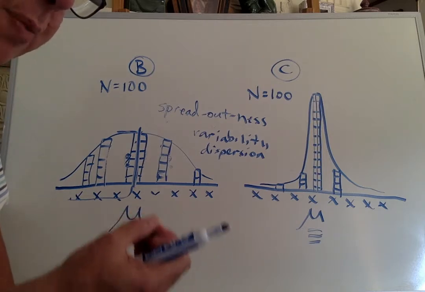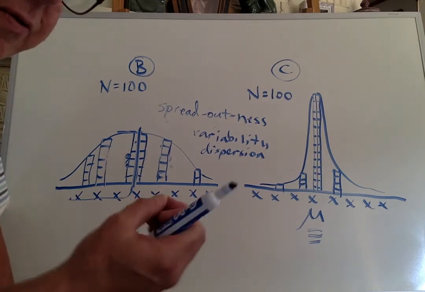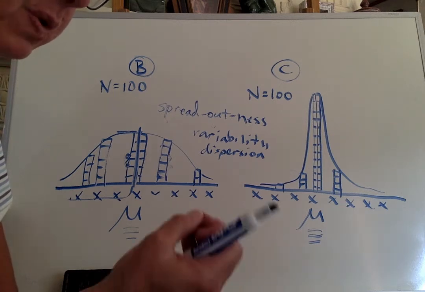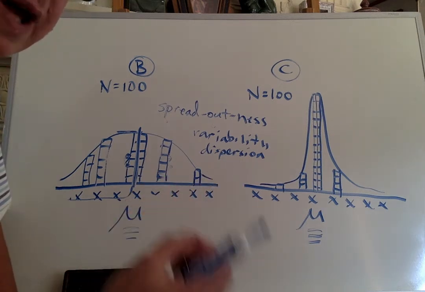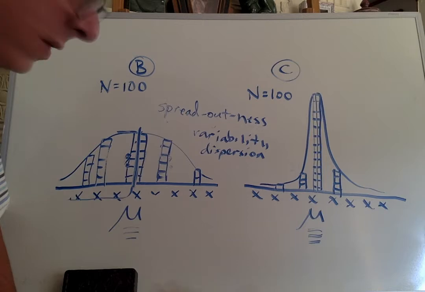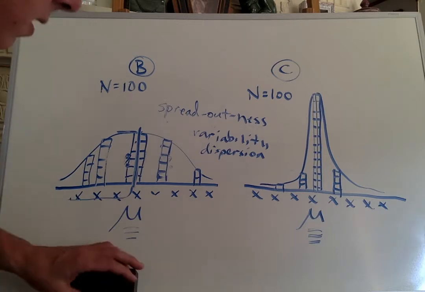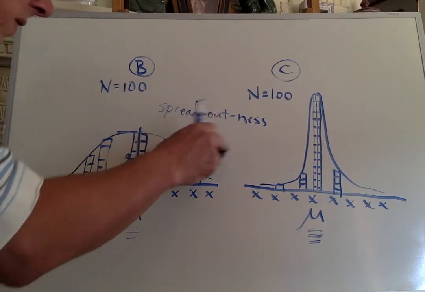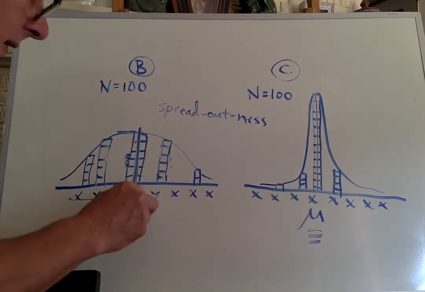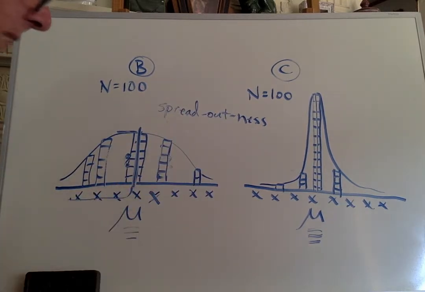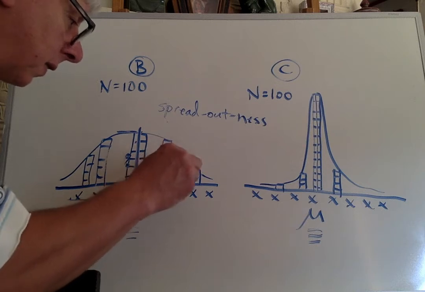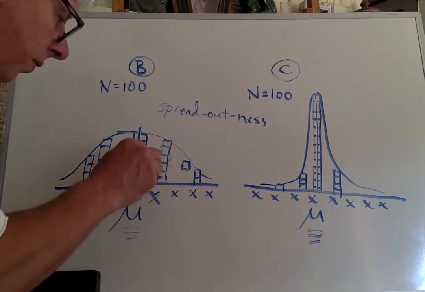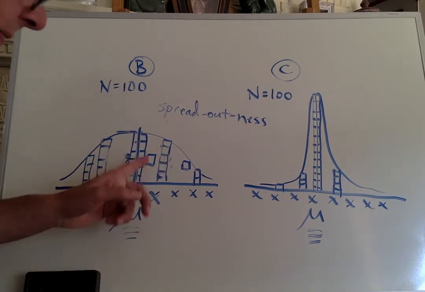Can we come up with a value, a number that represents spread outness, that represents variability or dispersion? And the answer is, well, I think so. When I say spread outness, I'm saying something like this number is more spread out or further away than this number from the mean.